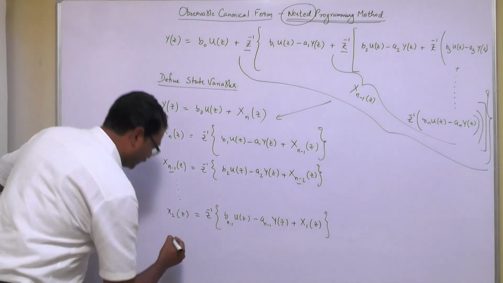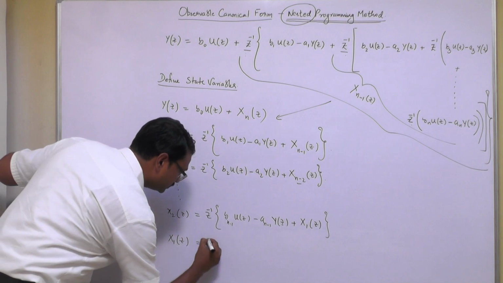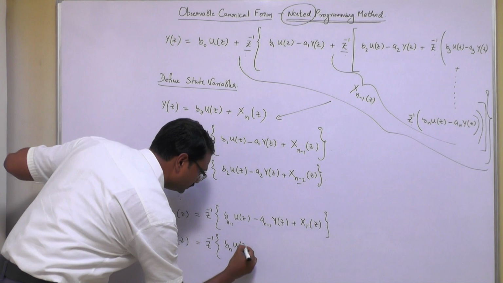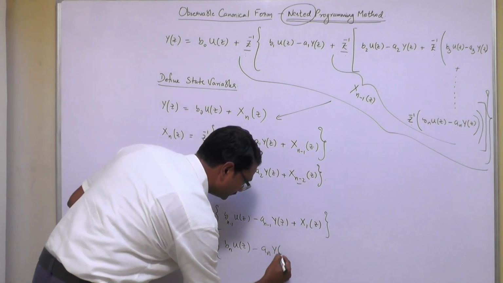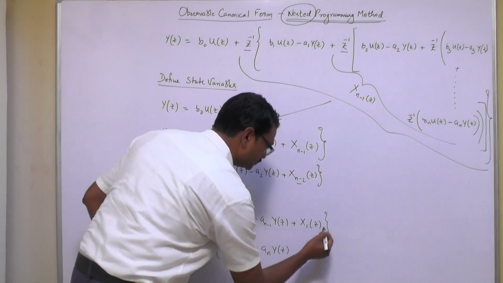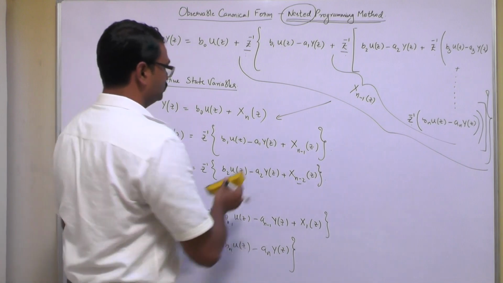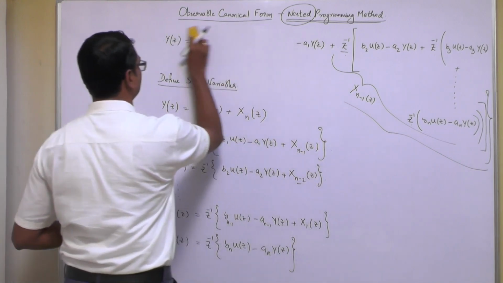And what is X1(z) for us now? That is z^-1 (bn U(z) - an Y(z)), since the next term does not exist.